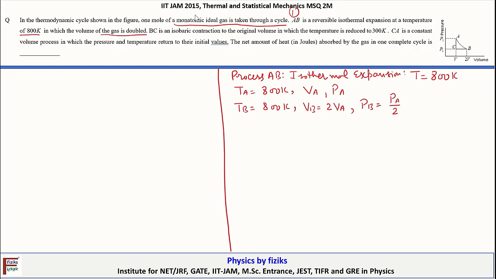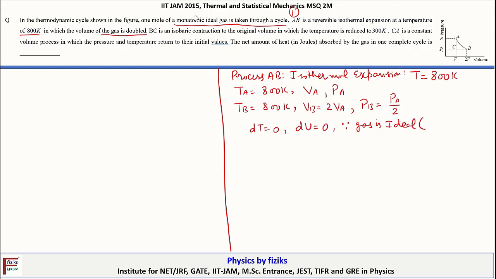Now we want to evaluate the energy exchange that occurred during process A to B. Because it's an isothermal process, dT is equal to 0, and this implies that dU is also equal to 0. Why? Because the gas is ideal.